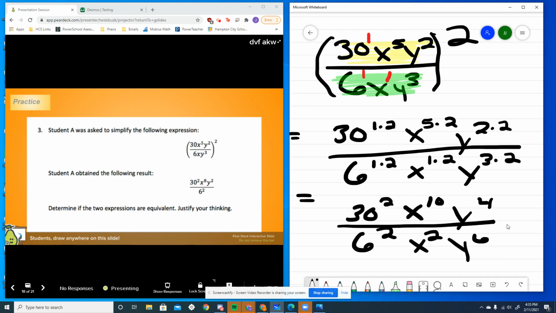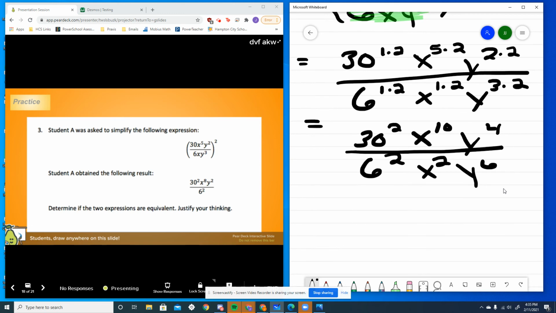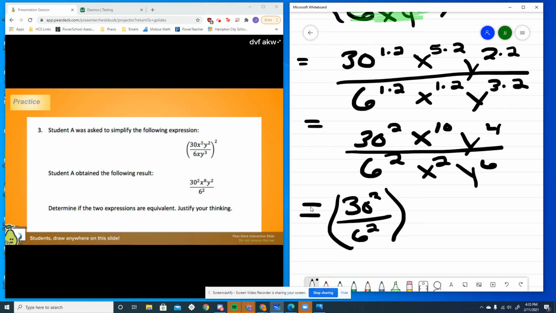So now that I've done that, I can go ahead and simplify. We're going to use the quotient rule, because we can't do any product or power rule. So 30 squared all over 6 squared, x to the 10 minus 2, and y to the 4 minus 6.